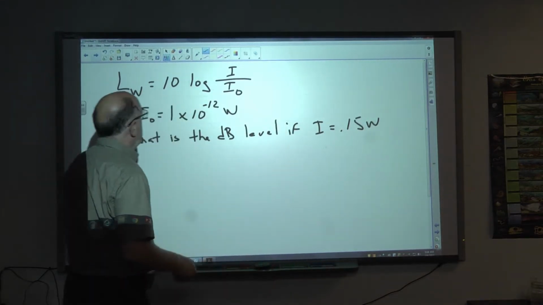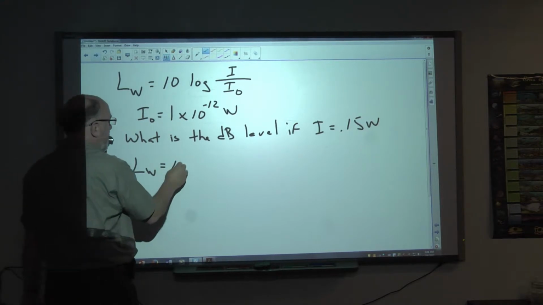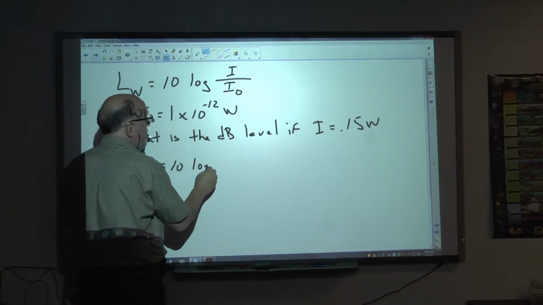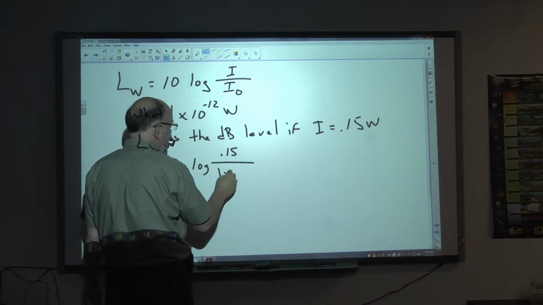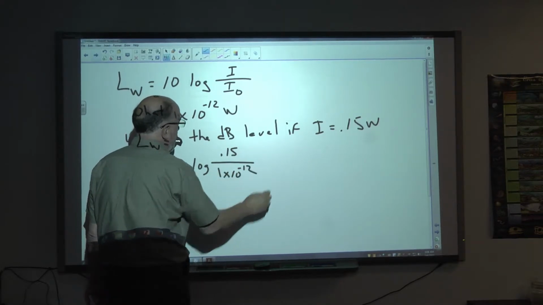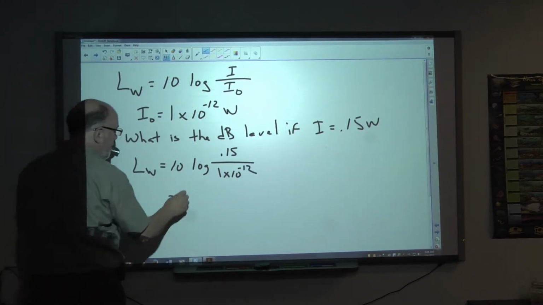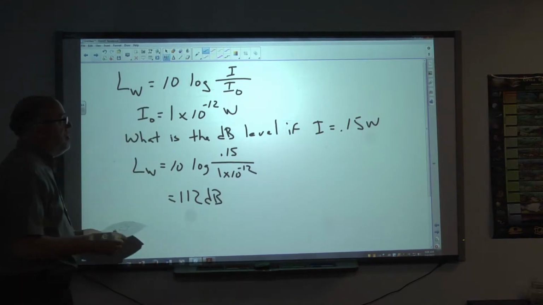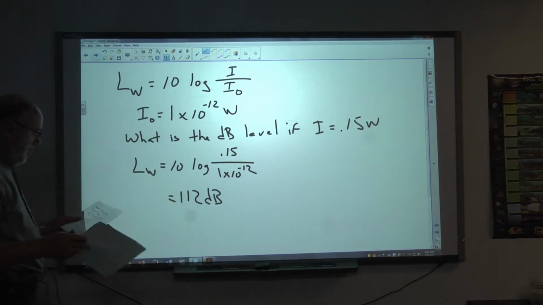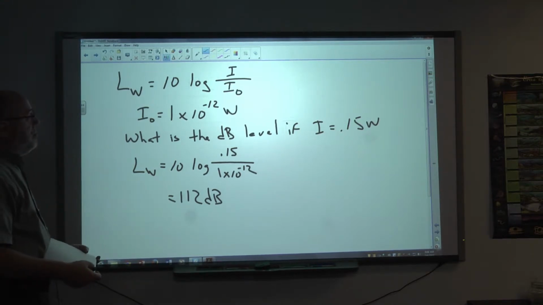The decibel level will be given by 10 log of 0.15 divided by 1 times 10 to the minus 12. You plug that in, and this will come out to 112. So I got it in terms of a logarithmic equation, and you see a few of those in terms of audio, with decibel levels.